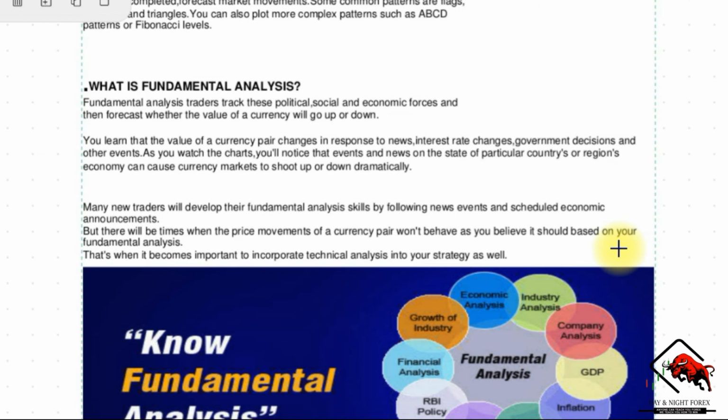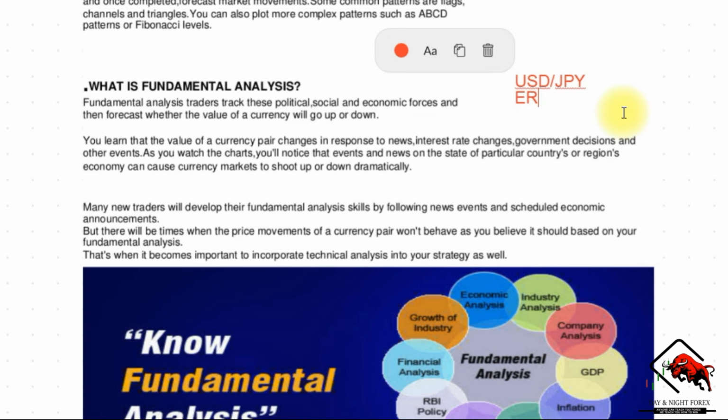So if we have negative news on USD, on the United States, that means any pair that looks like this, USD with whatever here, maybe it could be JPY, or it can be euro USD, as we've been demonstrating throughout this course right now.